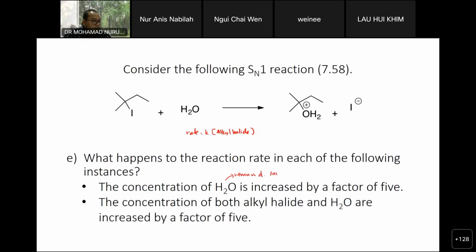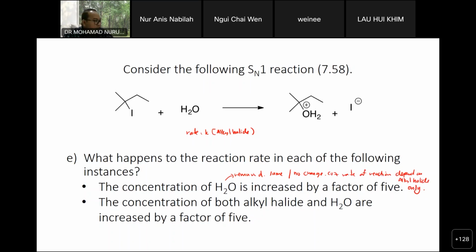But you have to explain why: because the rate of reaction depends on the alkyl halide only.